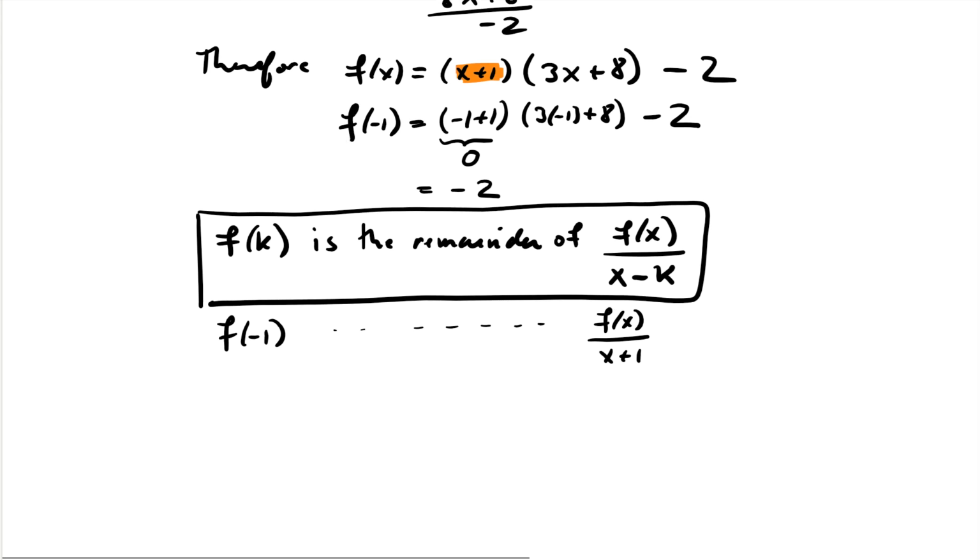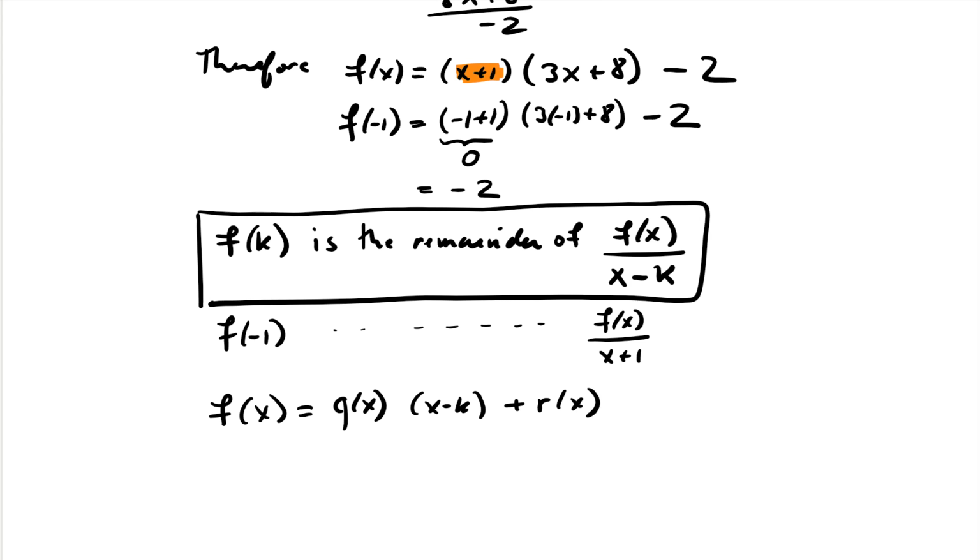Another way to see this, if you're not convinced, is that if you take your polynomial f of x and divide it by x minus k, it's going to be equal to some quotient, q of x, times x minus k, plus a remainder. And if we just replace x by k, look what happens.